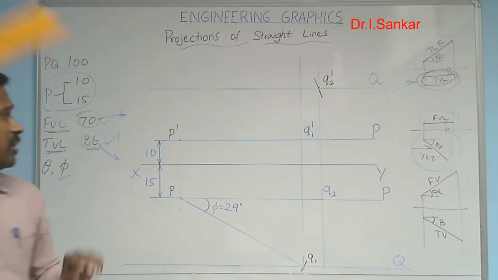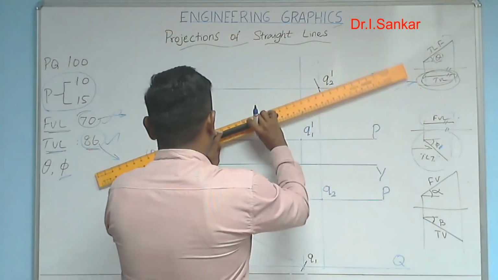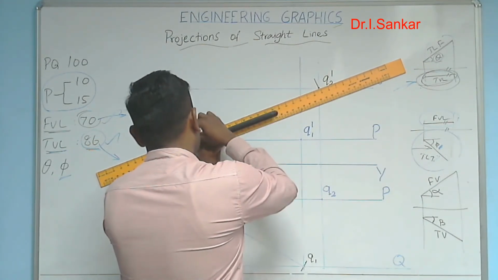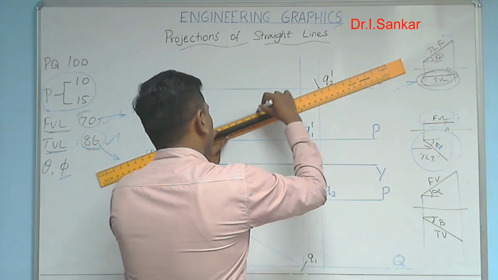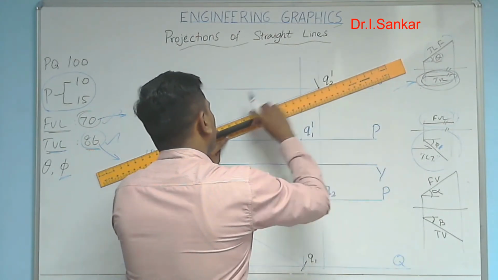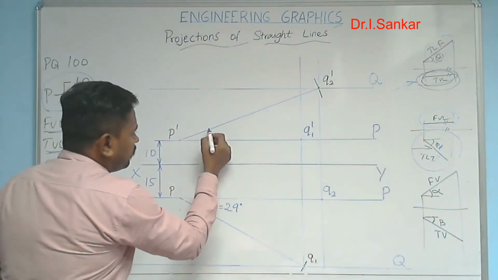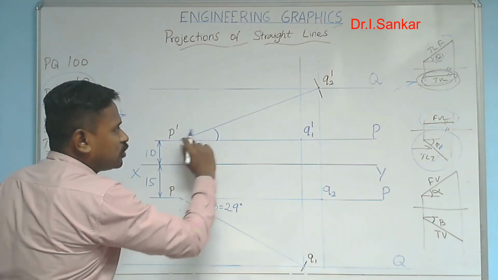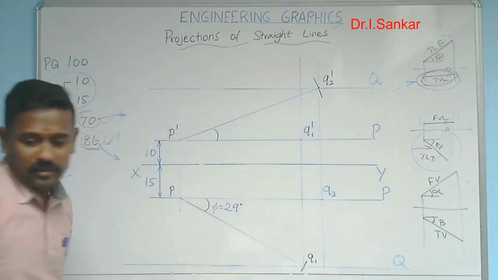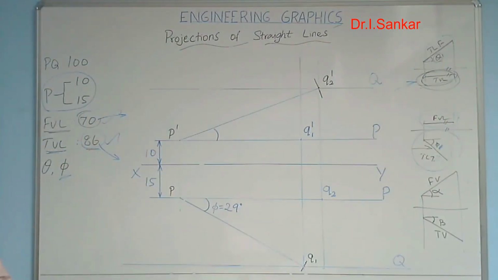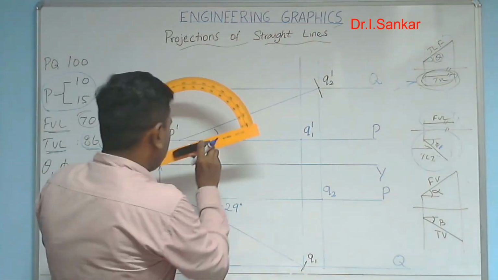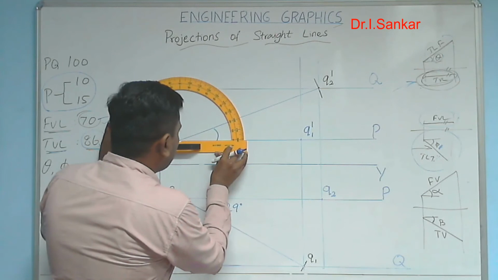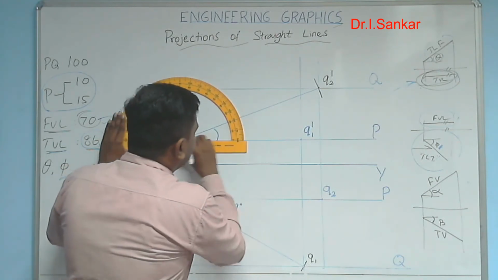And then you can draw the true length line in the front view. So now you can measure the angle between the true length line in the front view and the XY line. Measure it and mark. For me here it is 20 degrees.